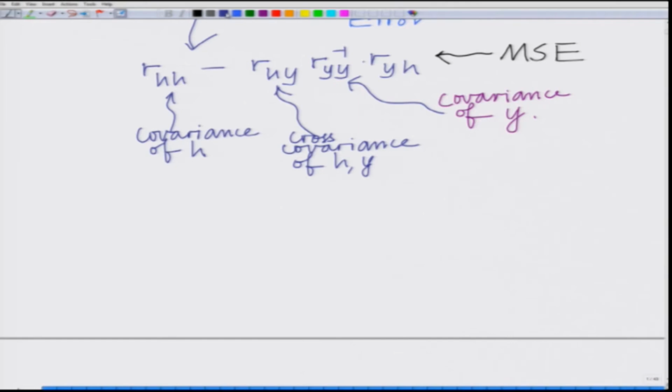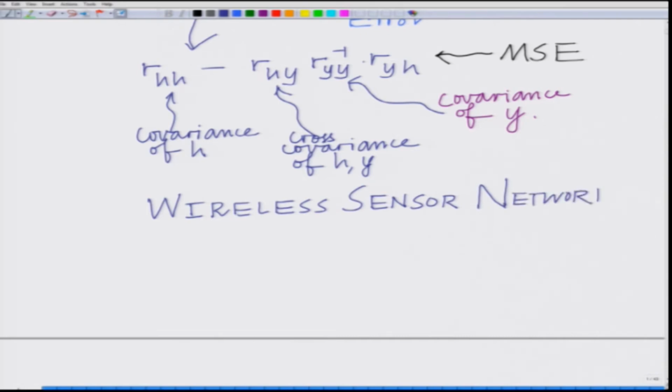Let us go back to our example of the wireless sensor network.